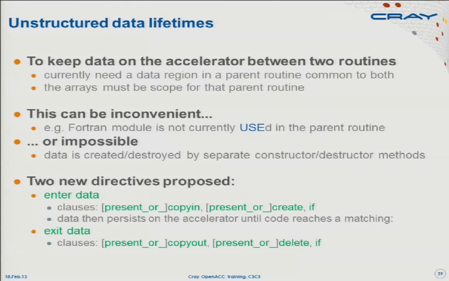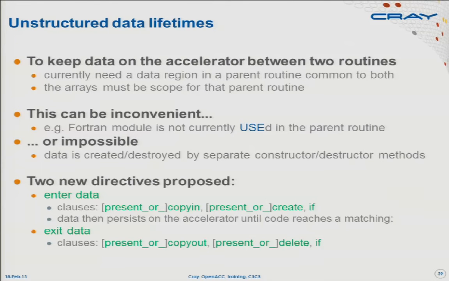If you're a C programmer, and especially a C++ programmer, the idea of data regions in your main program is that you know the data will be available here, it's globally visible, it will live, and then at the end of this, it will disappear. If you're using constructors and destructors, it just doesn't work that way. You don't have this globally visible data. You just know that data is created in this call, and it will be destroyed in that call. How do you get a data region to get that data onto the accelerator while it lives?